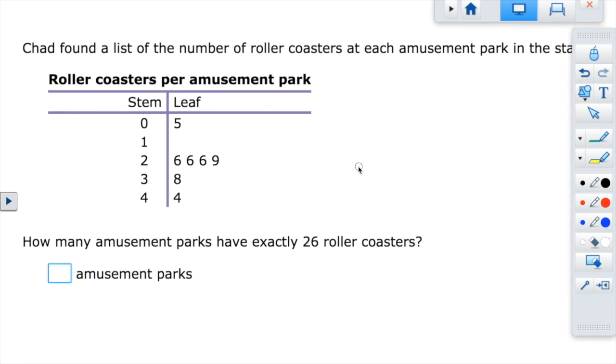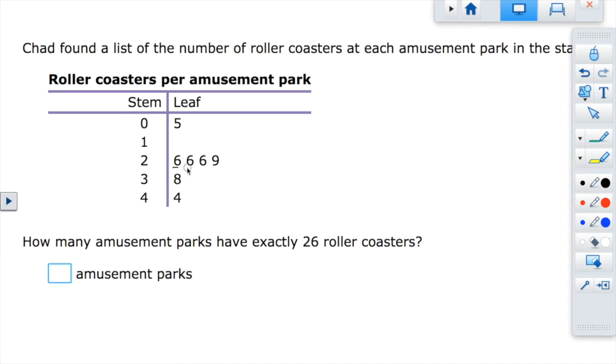Chad found a list of the number of roller coasters at each amusement park in the state. So because this is a 0, this amusement park had 5. There were none in the teens. These amusement parks had 26, 26, 26, 29. How many amusement parks have exactly 26 roller coasters?